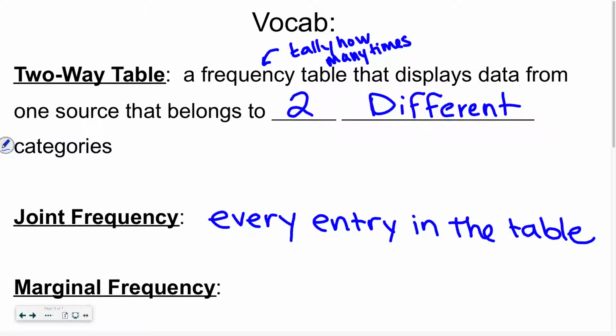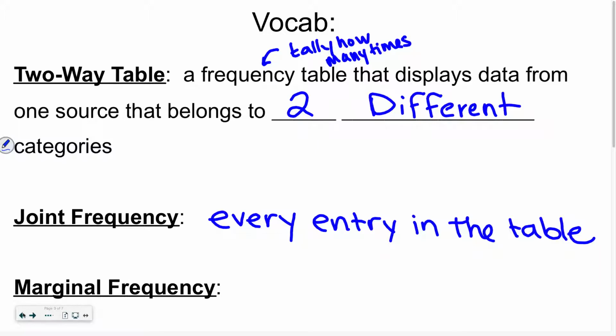Okay, every entry in the table. So I'm actually going to flip back to my previous slide so I can point out, I'm going to highlight where my joint frequencies are. What does joint mean? Together.